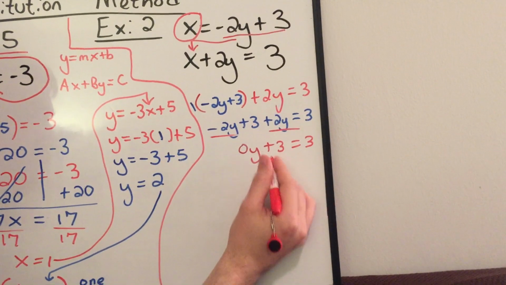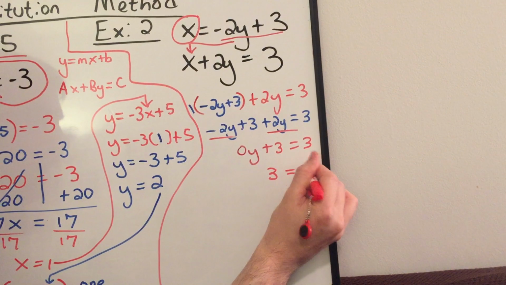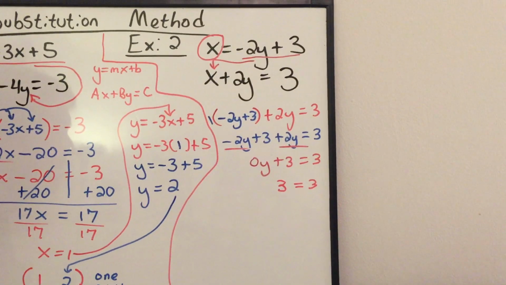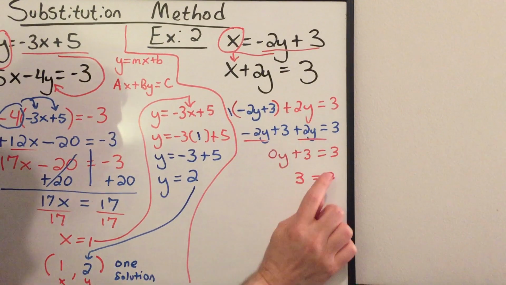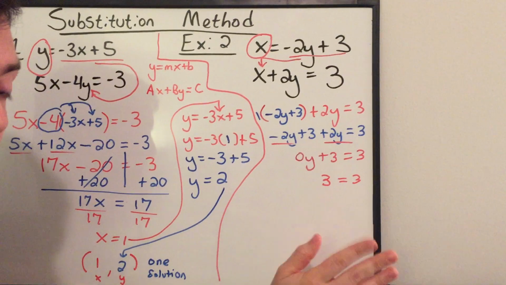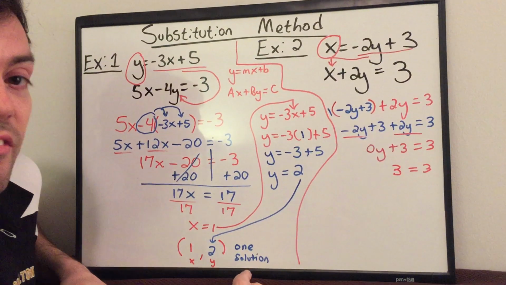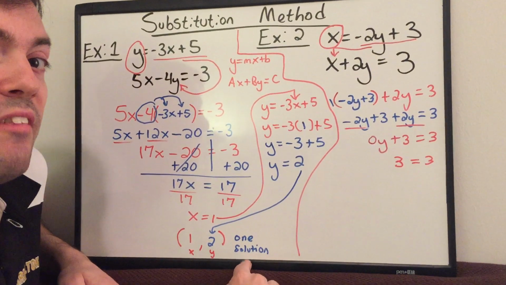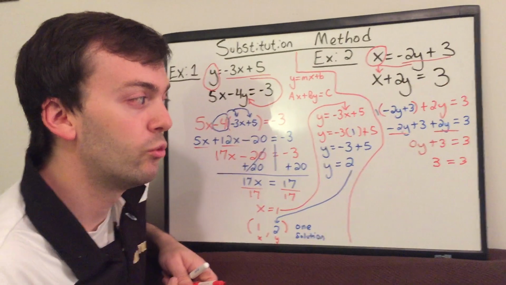Well, 0y is just 0, so 0 plus 3 is 3, and this comes into a situation like we had with elimination. Remember with elimination, we talked about what happens when all of your variables go away. If all your variables go away, that means we cannot have one solution. That means we have either infinitely many solutions or no solution. The question is, which one do we have?